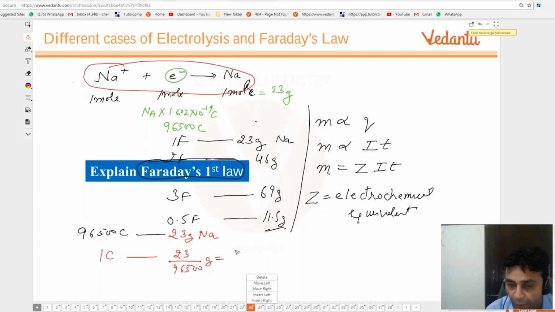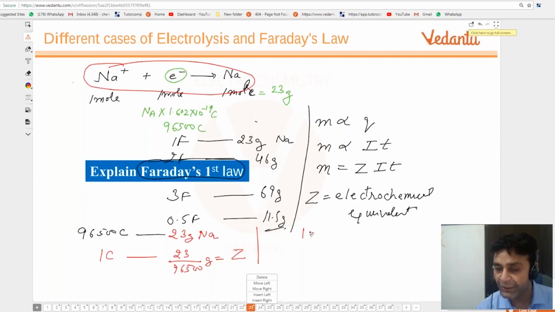And this is called as a Z value for sodium. Means mass deposited by passing 1 coulomb of charge. Mass deposited by passing 1 coulomb of charge is called as electrochemical equivalent. It will be different from different element.